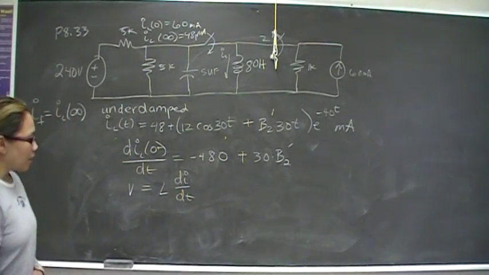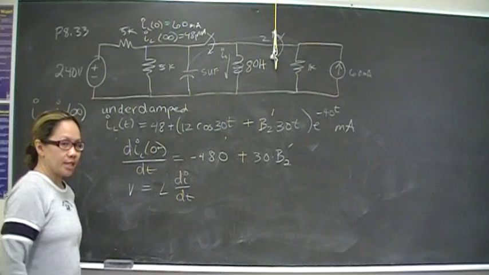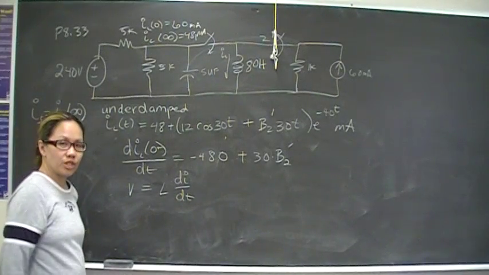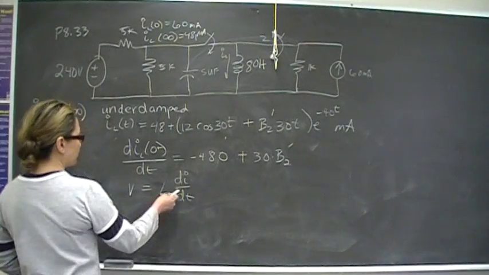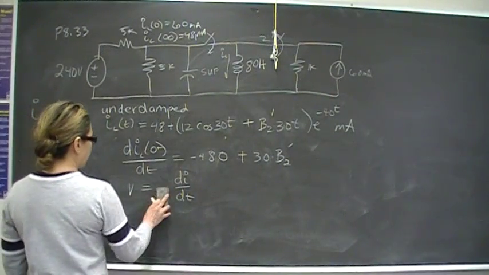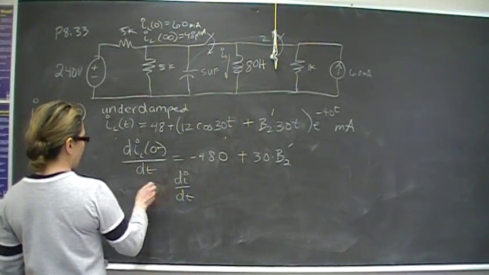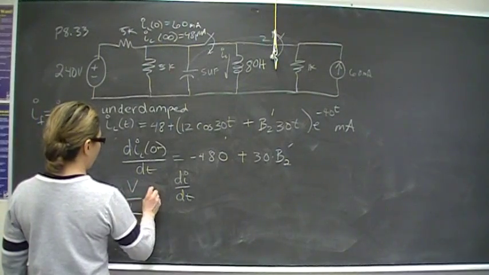So in this case, the dx dt is di dt. In the case of capacitor voltage, the dx dt would be dv dt. So now we can solve for di dt by saying that di dt is equal to v over L.